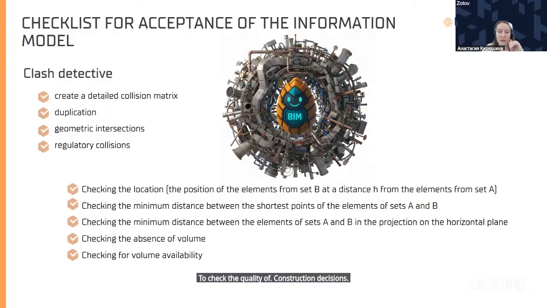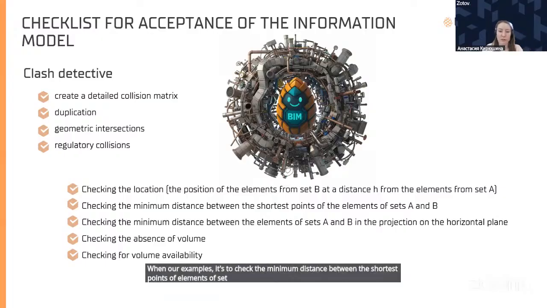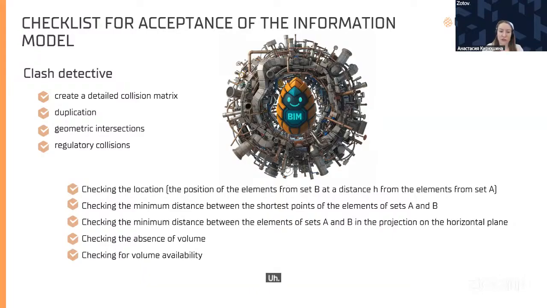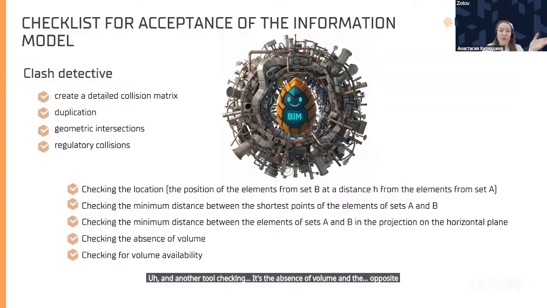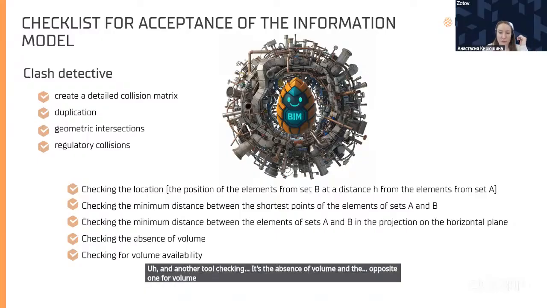Other examples are to check the minimum distance between the shortest points of elements of set A and B, or the distance between the elements but in the projection on the horizontal plane. And there are another two checks: the absence of volume, and the opposite one for volume availability.